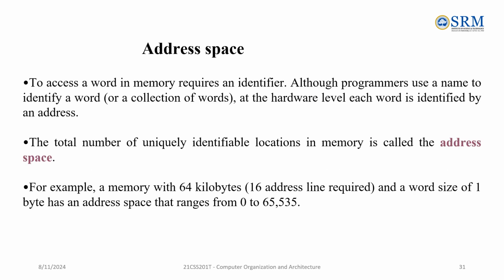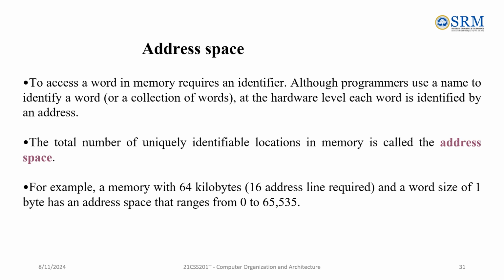So the address space: to access a word in the memory requires an identifier. Although programmers use a name to identify a word, at the hardware level each word is identified by an address. The total number of uniquely identifiable locations in memory is called the address space.